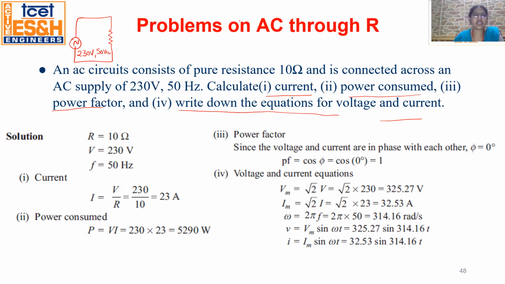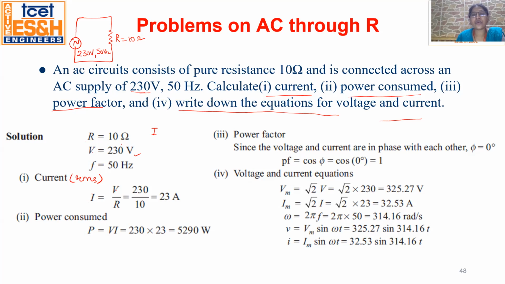Now first, the given is R. R is equal to 10 ohm, voltage is equal to 230 and frequency is equal to 50 hertz. Now current, I. All the given values in the numerical are RMS values. So from here we find the RMS value of current.